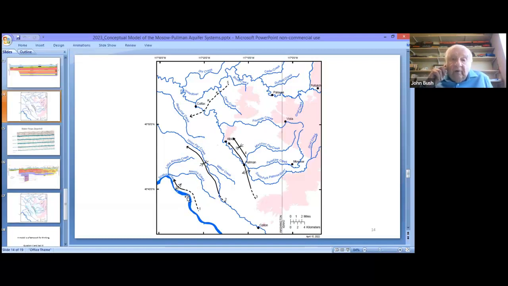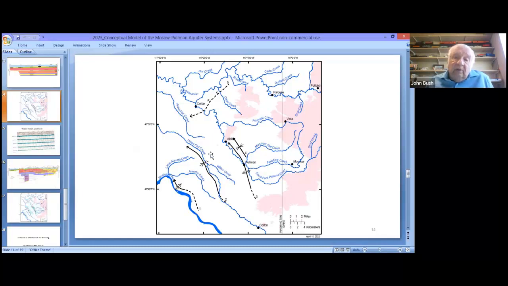So the contention here is that if the subsurface water is moving the same as the surface water, it's going to change about the Pullman area. And the little data we have shows that it's doing just that, moving to the northwest.